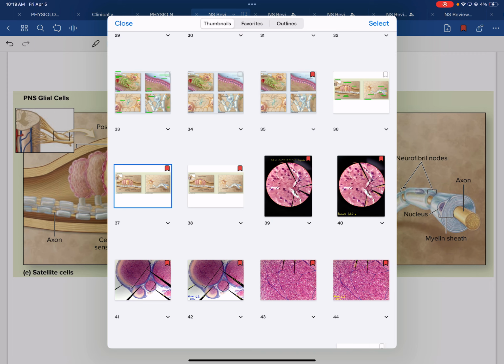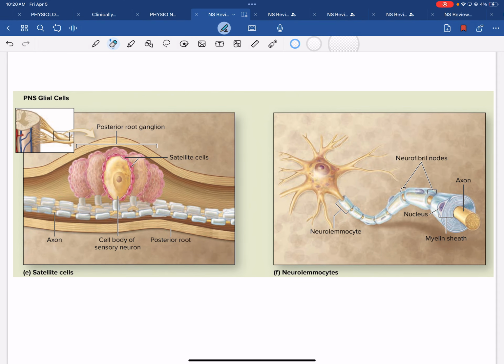Schwann cells and neurolemmocytes only make one myelin sheath. Schwann cells and neurolemmocytes only produce one wrapper on one axon, versus oligodendrocytes, which can myelinate multiple. Yes, Schwann cell and neurolemmocyte are synonymous.